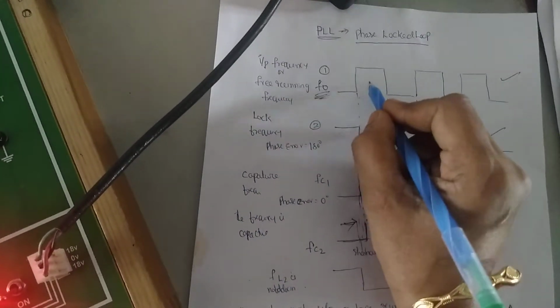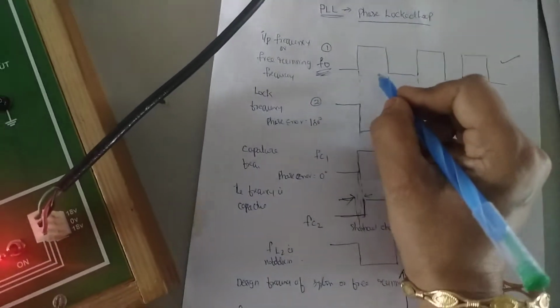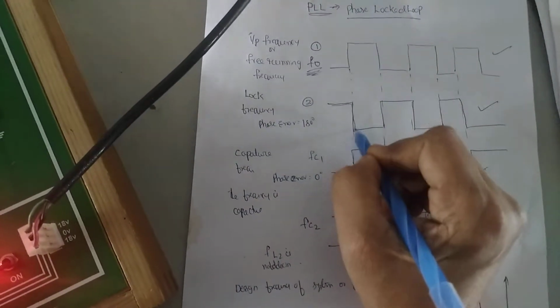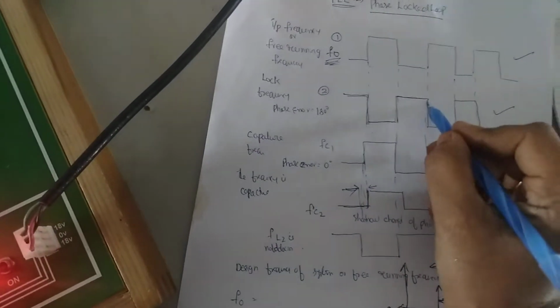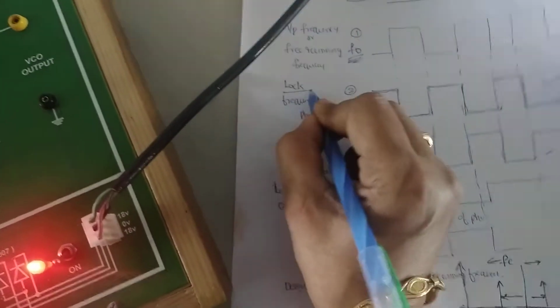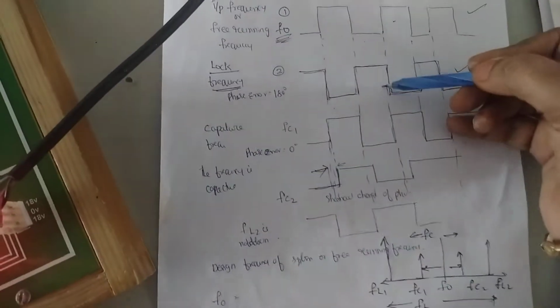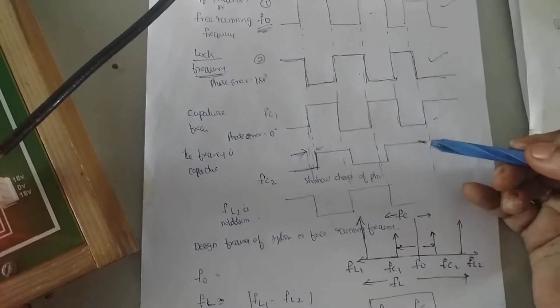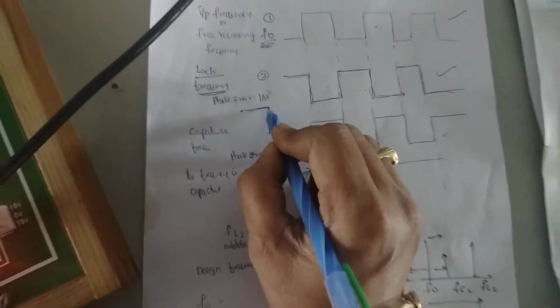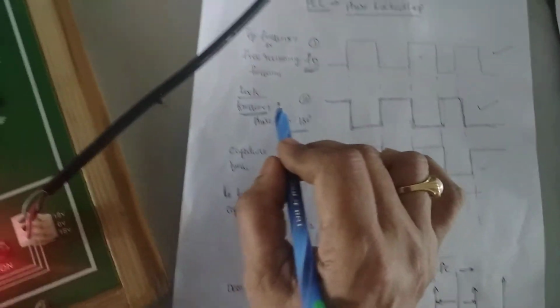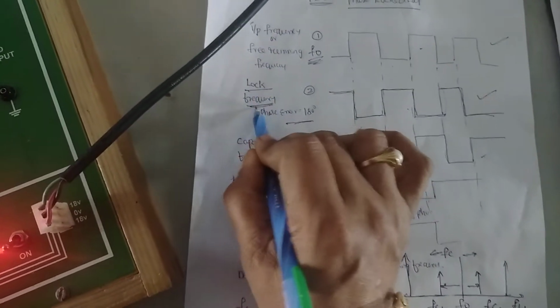So you get a maximum phase error of 180 degrees. We have a maximum phase difference, that is a 180 degree phase shift, so it is a maximum error. That we can term the lock frequency.